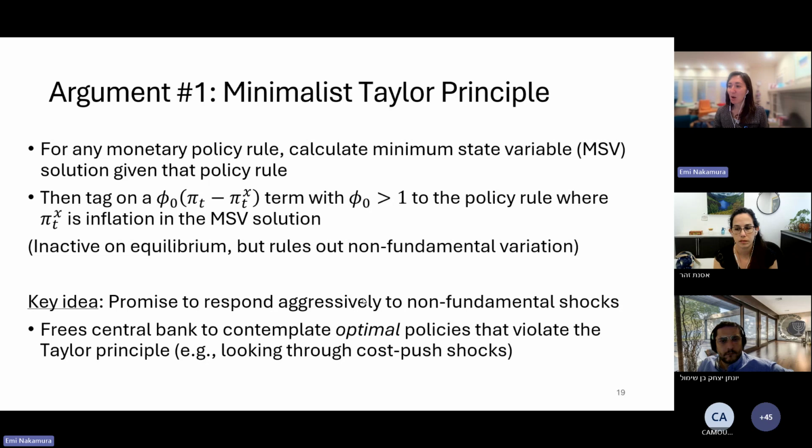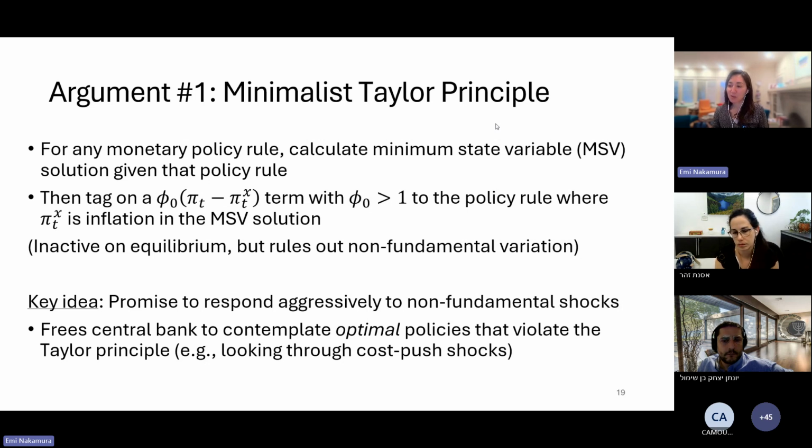And this policy alone, even in what we're referring to as a pretty hyper-rational model, will rule out local indeterminacy. The upside of this is that if you add this off equilibrium response, then the central bank can actually do whatever it wants on equilibrium. For example, it might be optimal from the perspective of the model to respond very little to a cost push shock, for the reasons I was describing earlier.